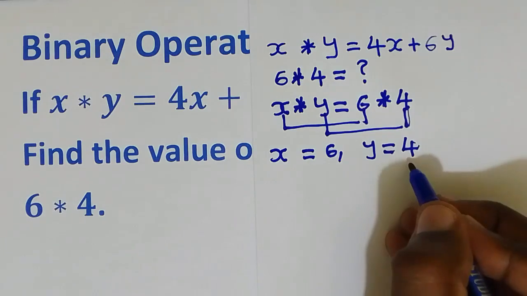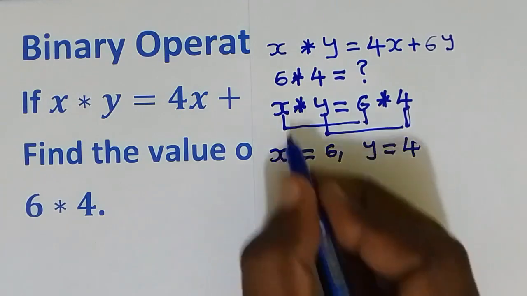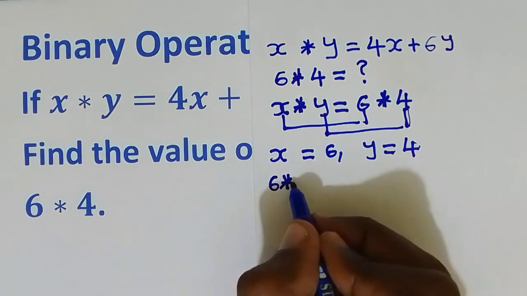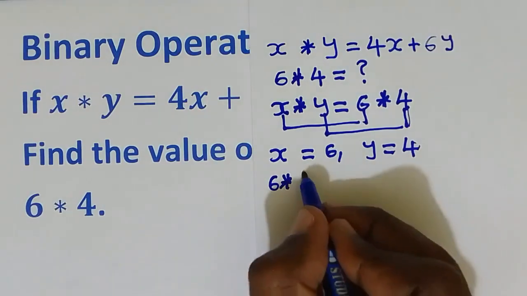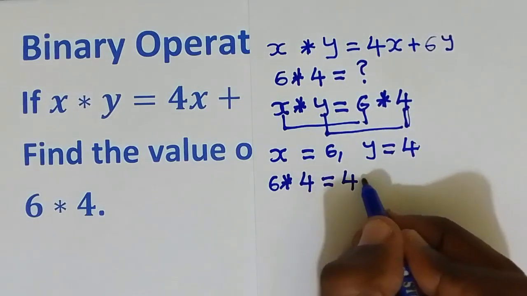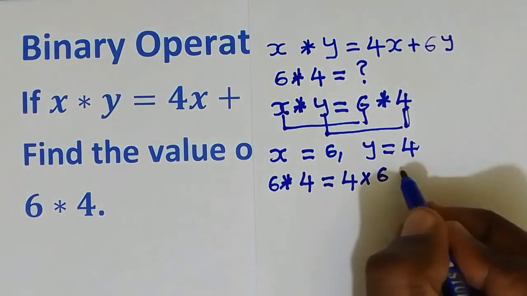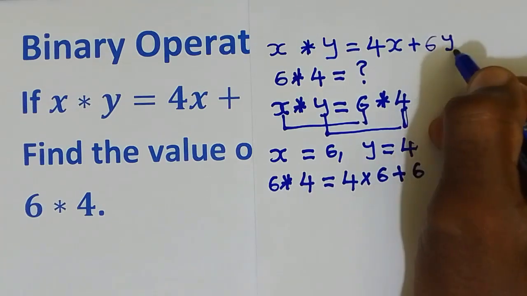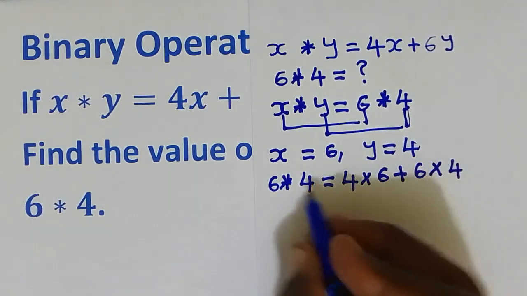Let us substitute our inputs into our system of equation. We are going to get x, which is 6, star y, which is 4. This is equal to 4 multiplied by x, that is 6, plus 6 multiplied by y, which is equal to 4.